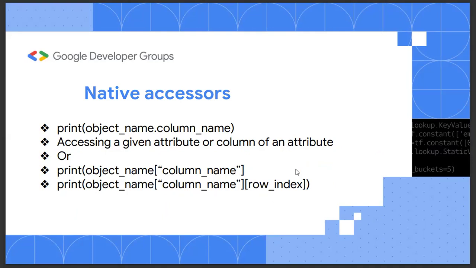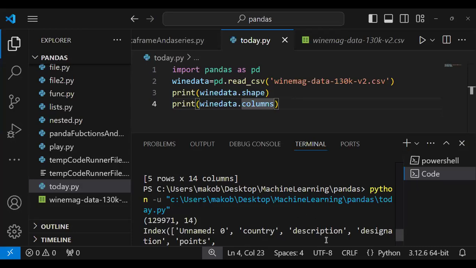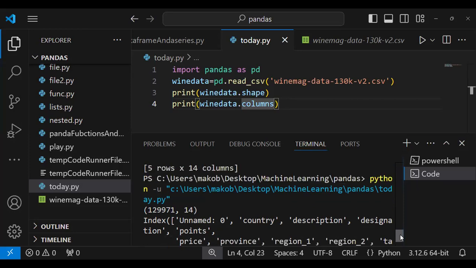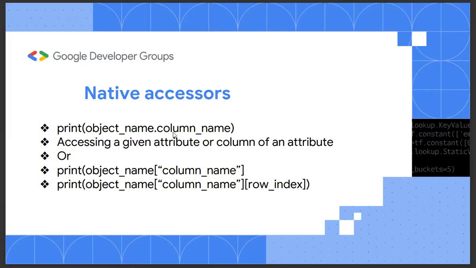We've seen all these columns here: country, description, designation, points. Now let's say I want to access only the countries. The syntax is object name dot column name. So you just put the object name or the variable where you've stored the data, then dot the column name of the column that you want to access.